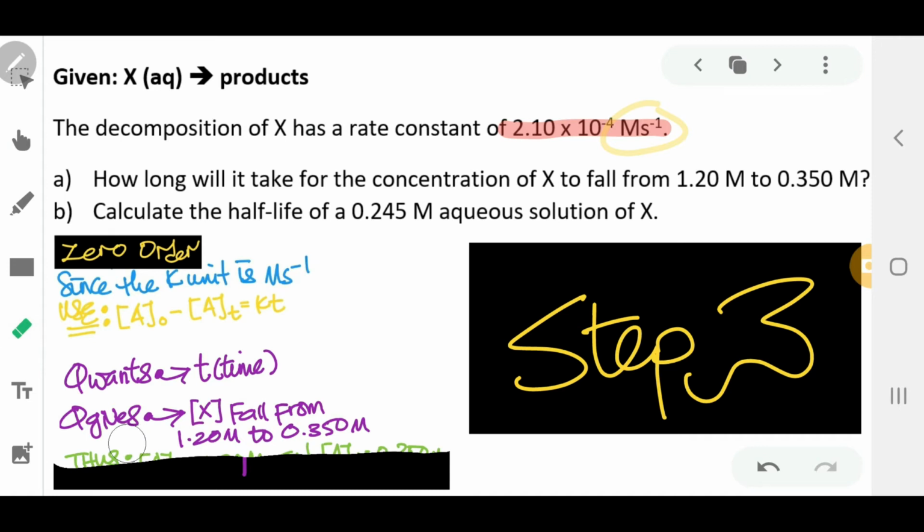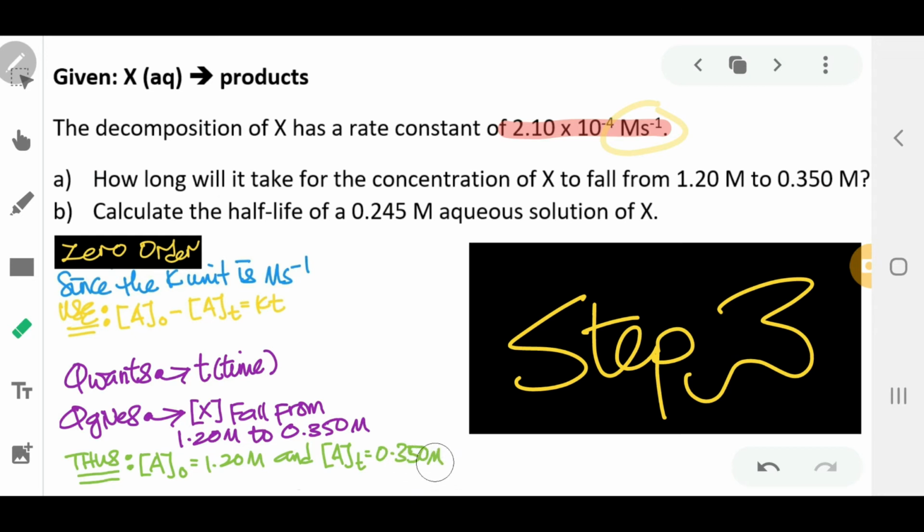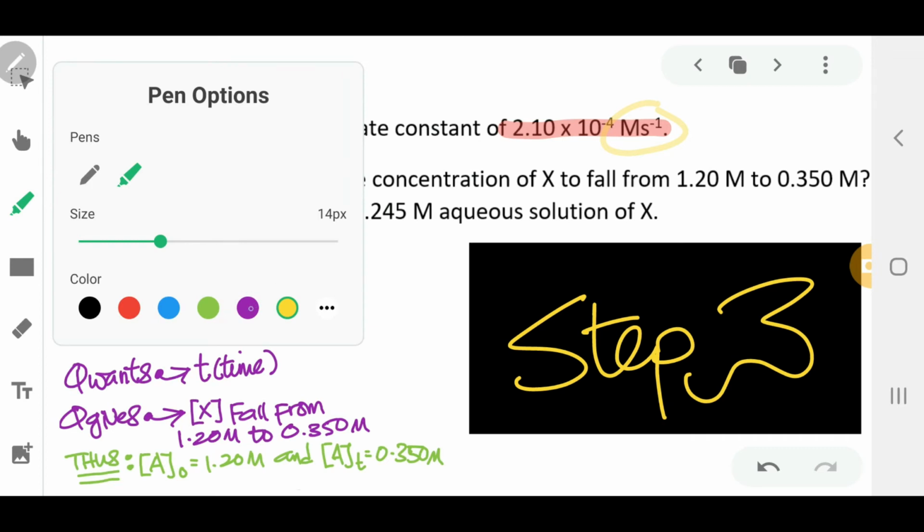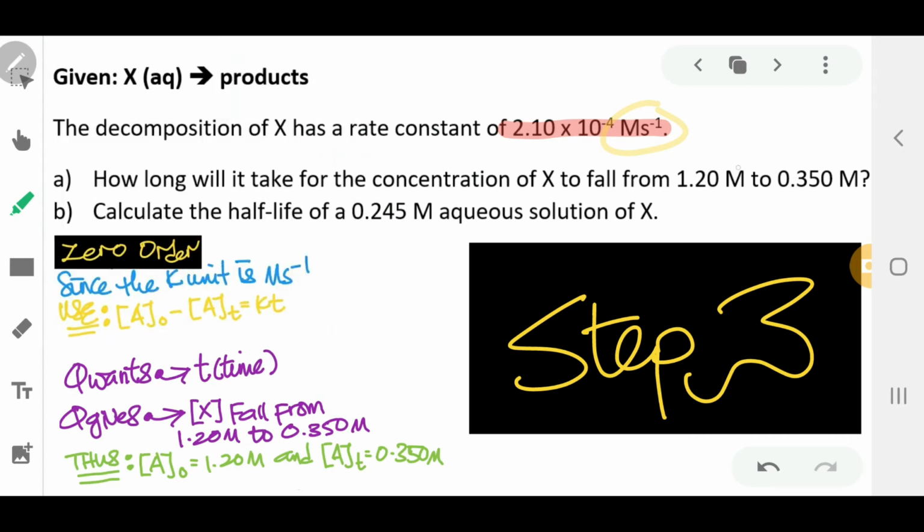From that piece of information, we can conclude that the initial concentration is 1.20 molar and the concentration at a given time is 0.350. So every single time, bear this in mind, if you have the word "to", they want you to find from one concentration to another concentration. So the first one is going to be your initial, and the one it goes to will be the concentration at a given time.